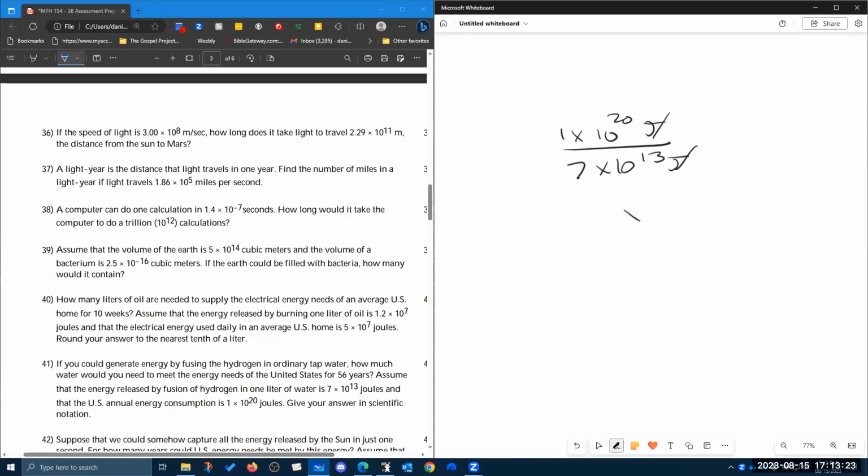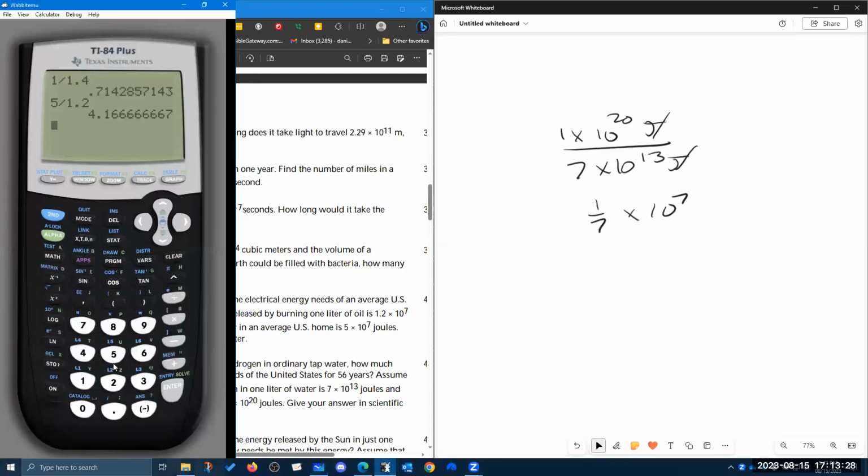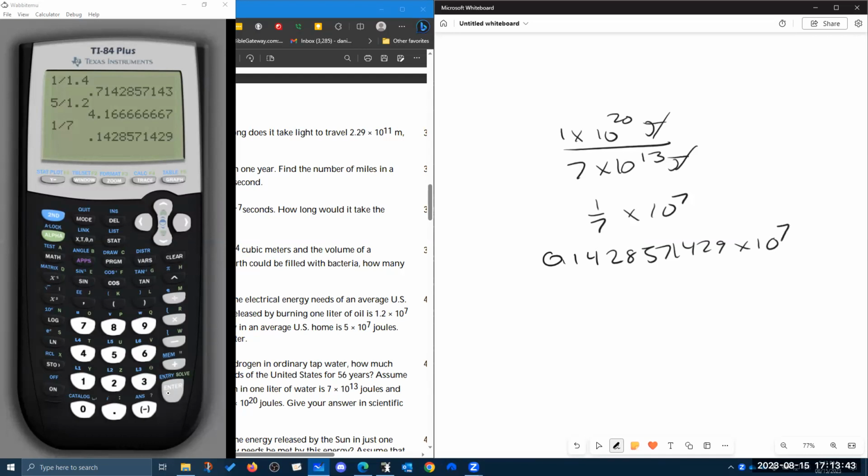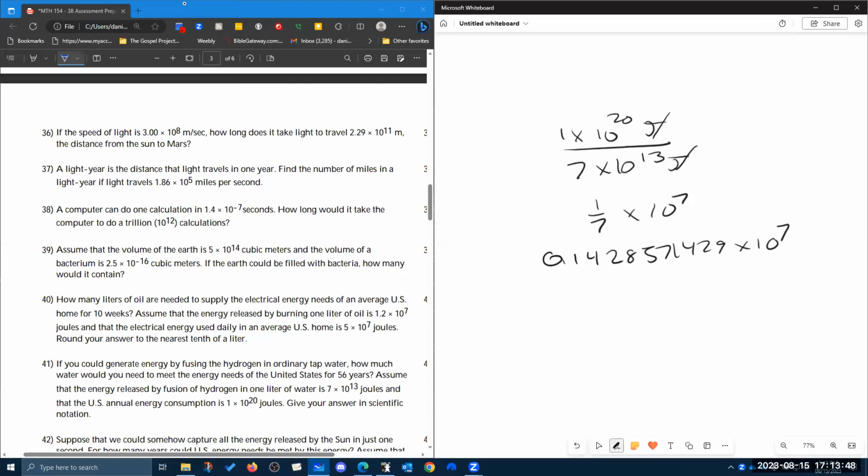You would need times 10 to the 7th. 1/7 is 0.1428571429. And we're going with 1 sig fig here. So this is going to be 1 times 10 to the 6th.